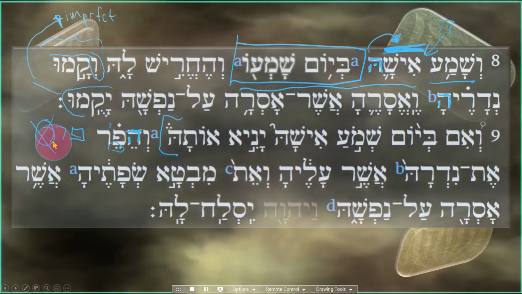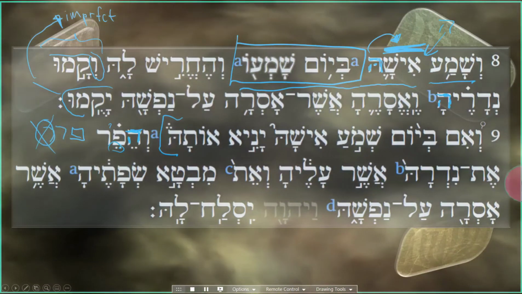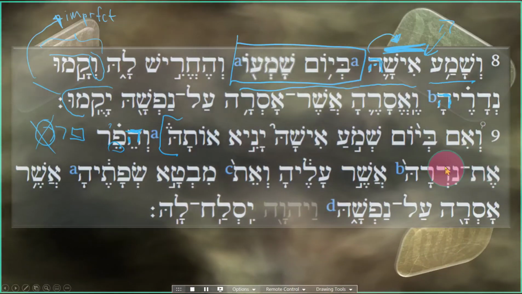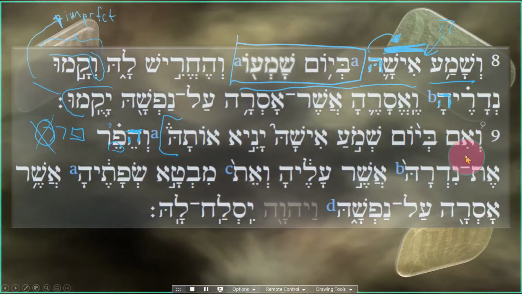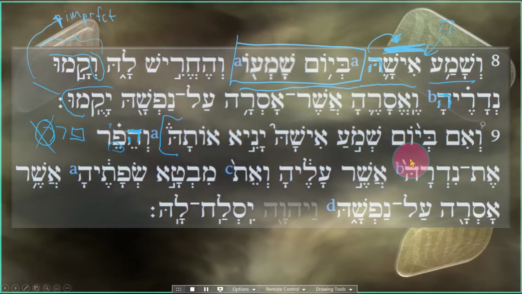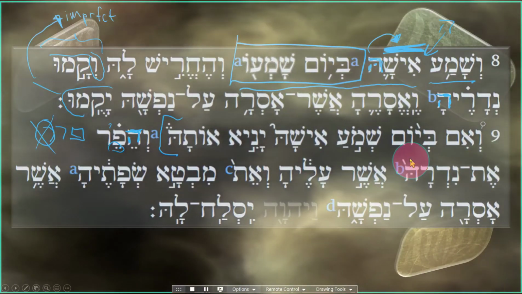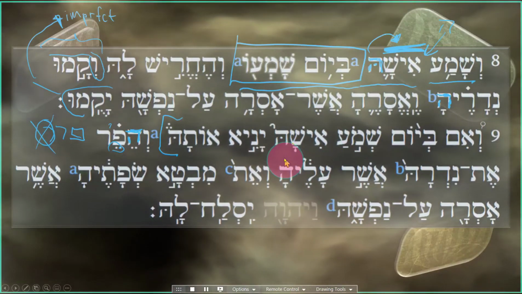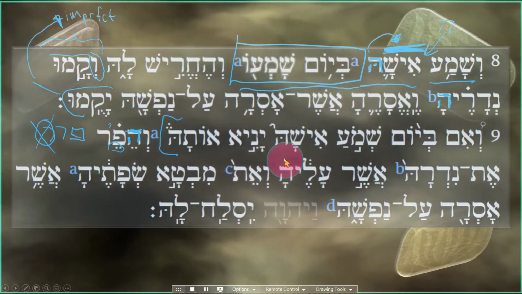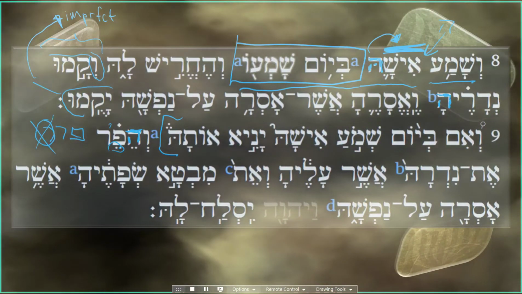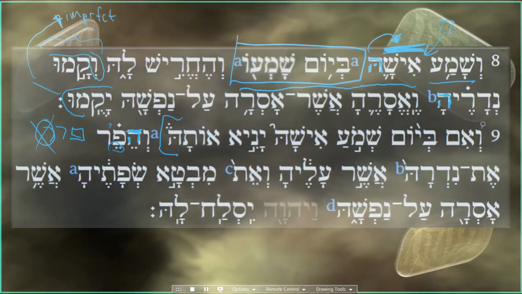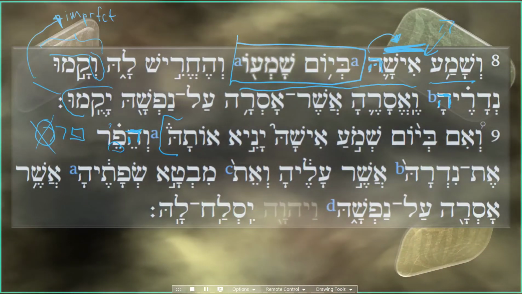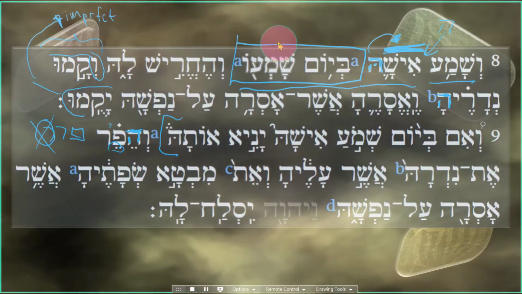This word is used with breaking his Torah, for example, right? But in this case, it's not the Torah, it's et nidrach. What's that? Her vow. Asher aleha. Which is upon her, which is on her.